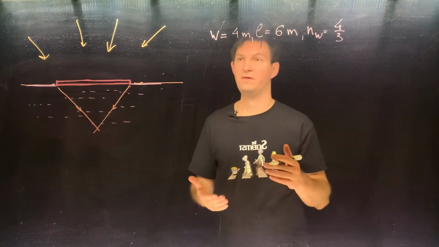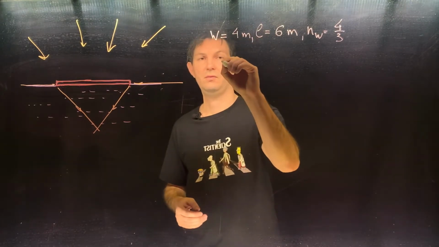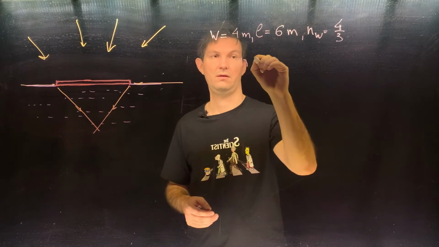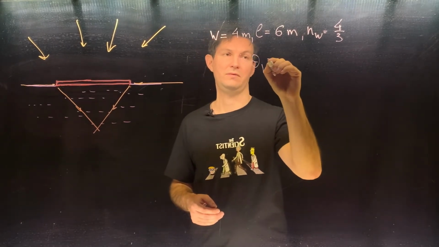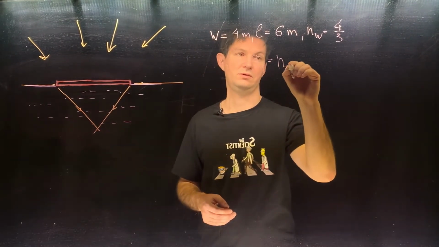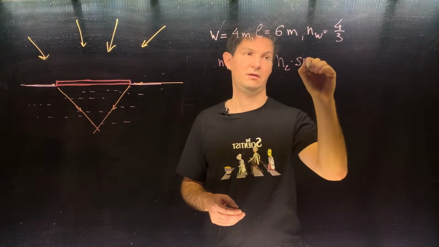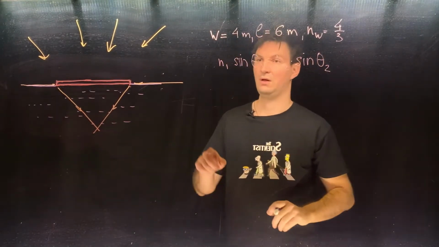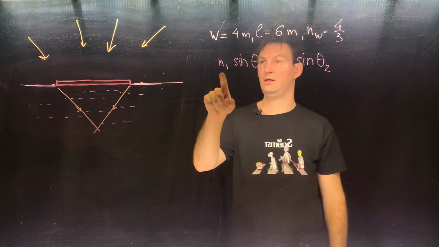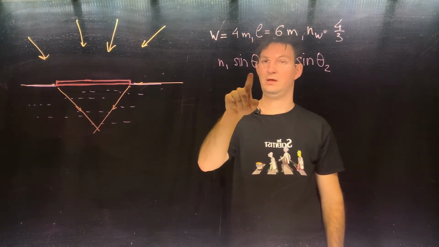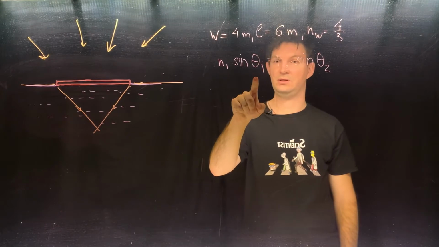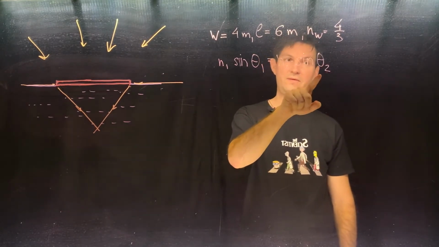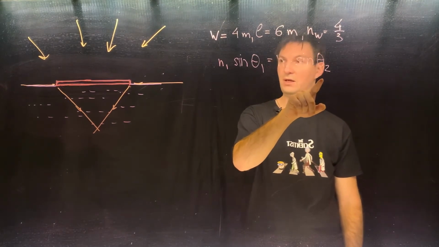Snell's law is n1 times sine theta 1 equals n2 times sine theta 2. n1 is the incident index, theta 1 is the incident angle, n2 is the refracted index, and theta 2 is the refracted angle.